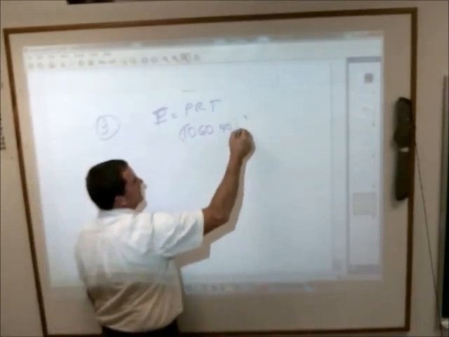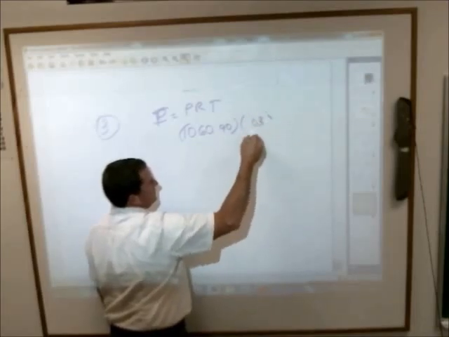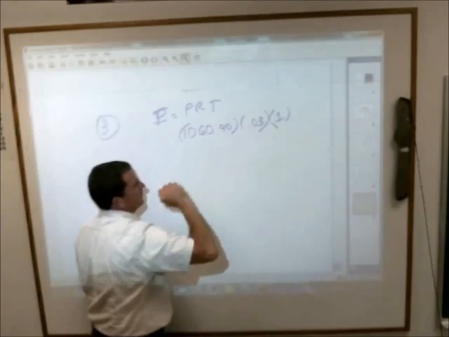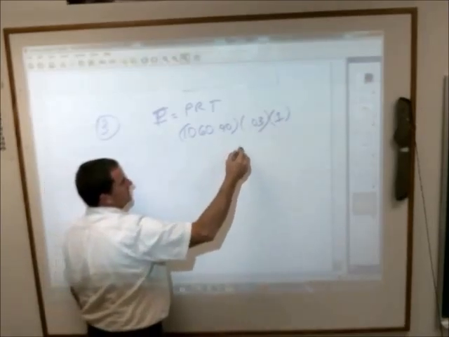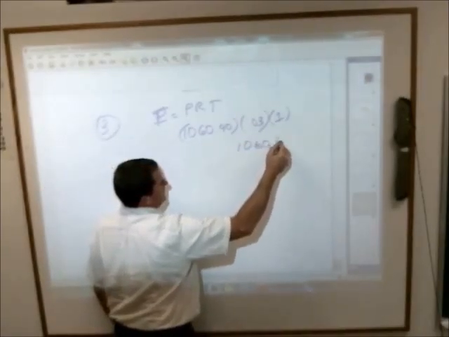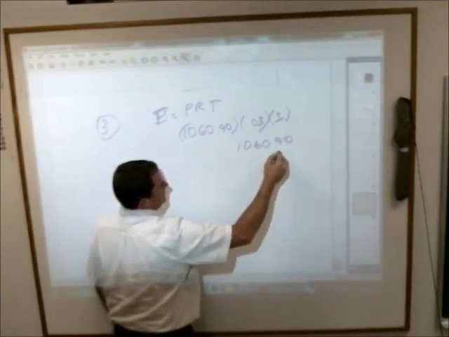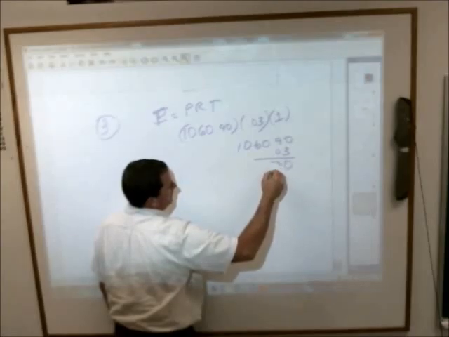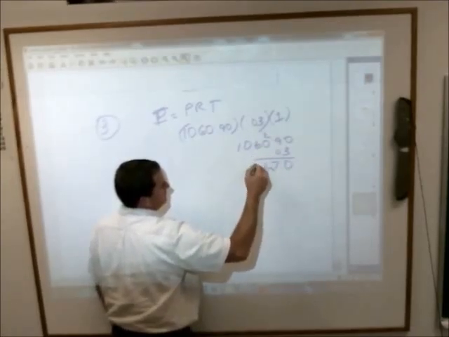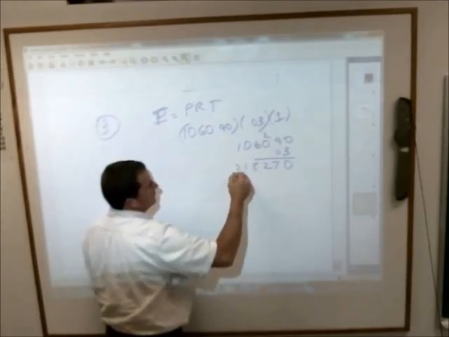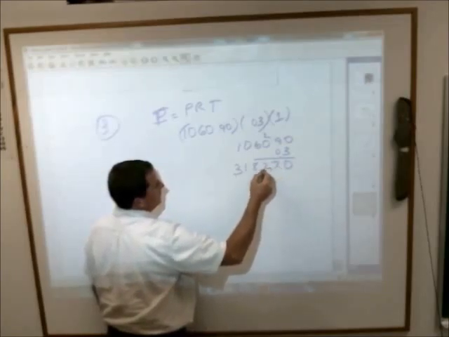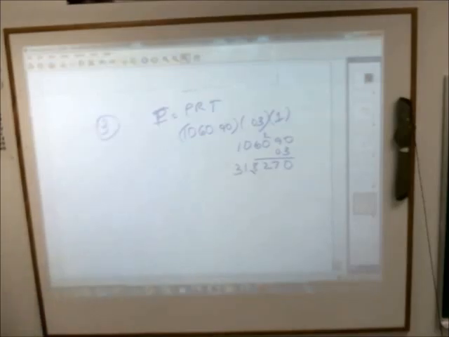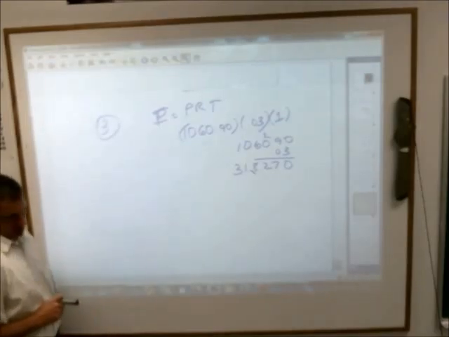I'm still getting 3% interest, and my time is again 1 year because I'm just doing the 3rd year. I need to take my $1,060.90 times 0.03. How much money did I make in interest? Jeremy Schwartz?